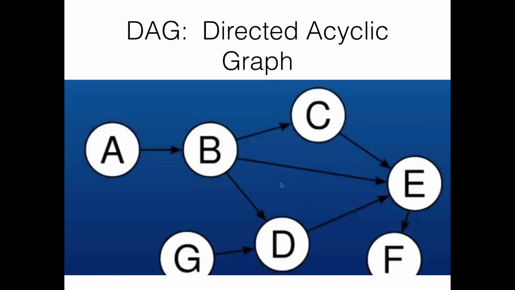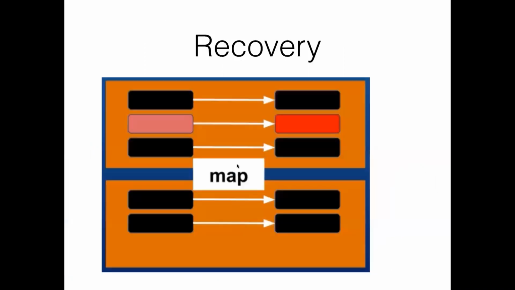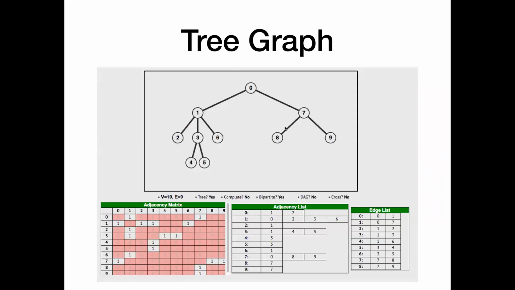But the beauty about this map is, what happens if C fails? I just have to start from B and recompute C, because B is still there. So that's the beauty about this. This makes us a more resilient architecture when we are building it. In this case, the recovery is much faster. That's the big advantage we have in this one.